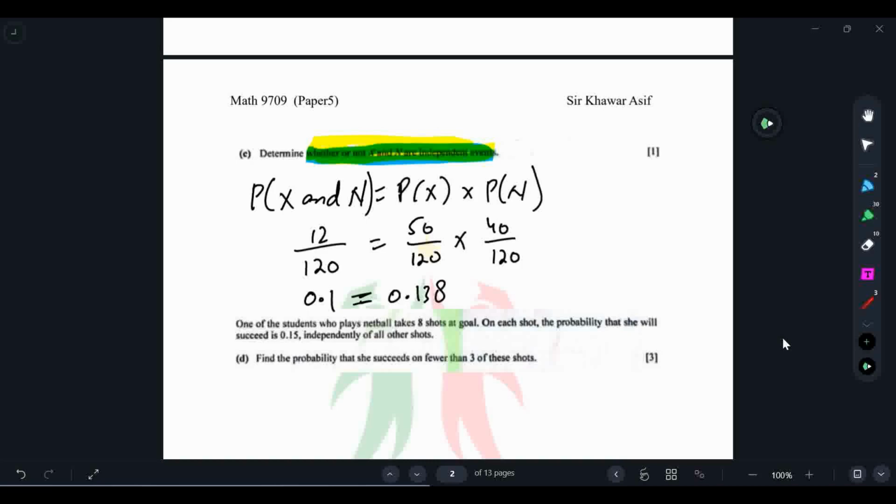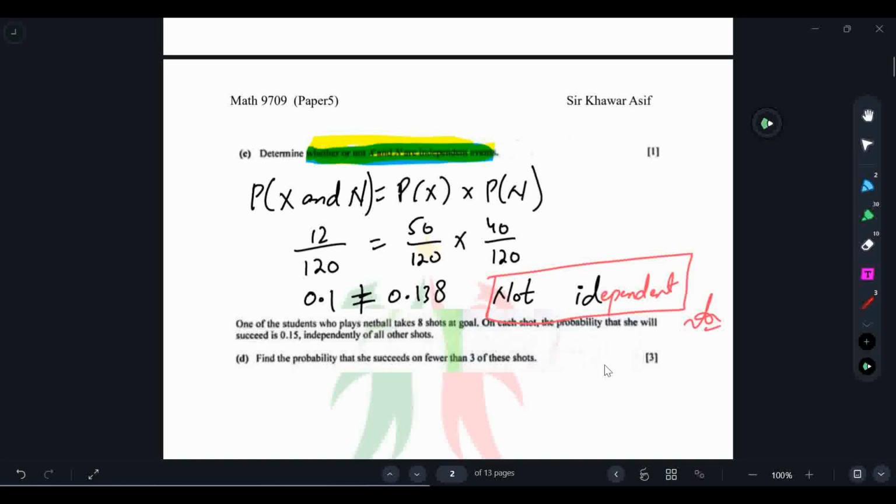So we can see that these two are not the same, so that is why they are not independent. So this will be the final answer.